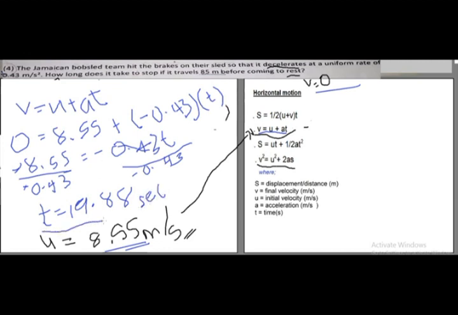So the final answer is 19.88 seconds. That's what the question is asking to calculate.